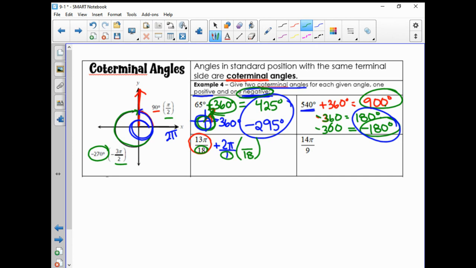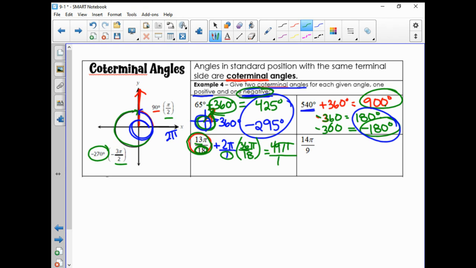So basically, you just double whatever your denominator is, just double it all the time. So 18 times 2 is 36. So I'm going to add 36 pi over 18 to my 13 pi over 18. Leave the pi. You'll always have a pi in it. So really, you're just adding the numbers. 13 plus 36 is 49.